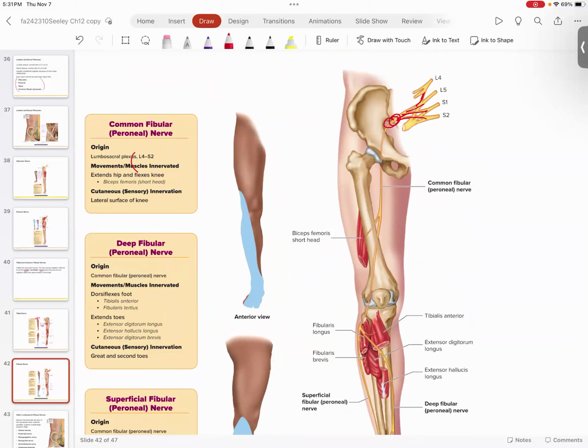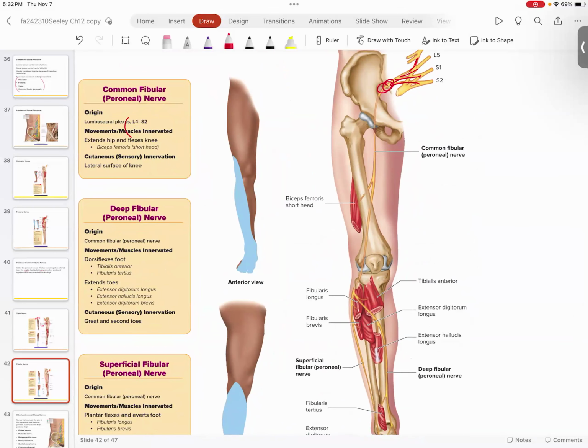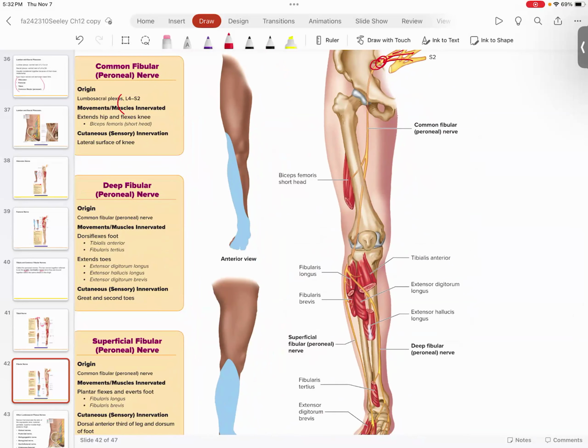So it doesn't necessarily have to innervate the quads because we've already got that covered. So it's going to be moving down, and it's going to be picking up a few of the smaller muscles, mostly the extensors, not always. But for instance, tibialis anterior, that's your shin muscle, extensor digitorum longus, extensor hallucis longus, so the extensor of your big toe, and the fibularis or peroneus longus and brevis. These are some that we had actually on our lab exam.